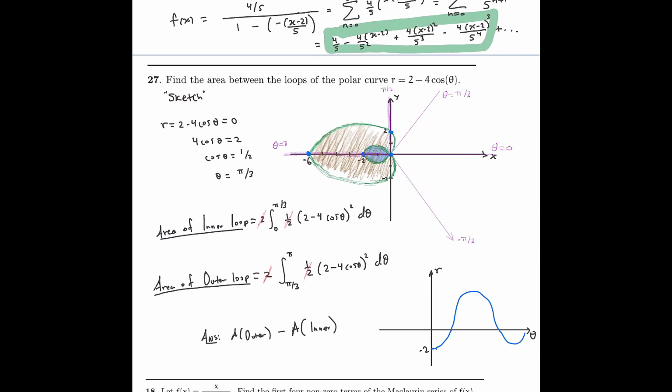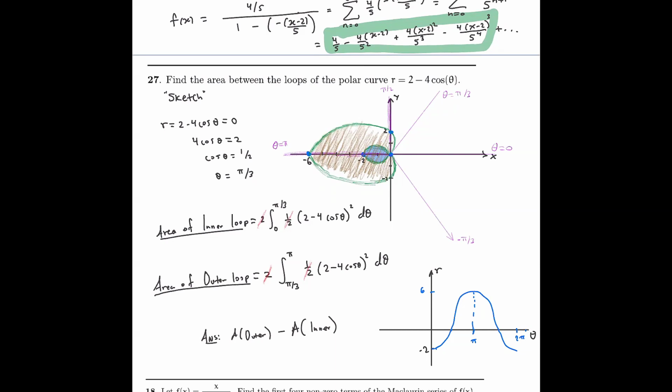So at pi it will be 6, and then here is 2 pi somewhere here. I'm expecting it to look something like this. Maybe I'm wrong about it.